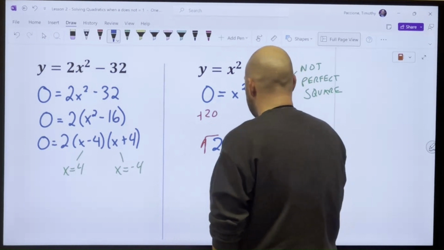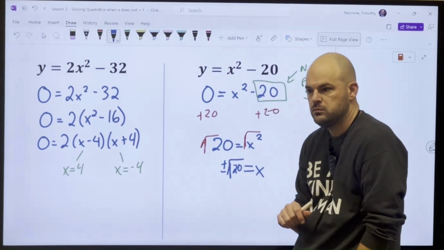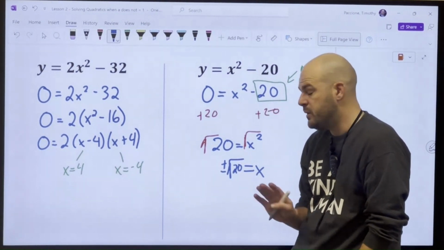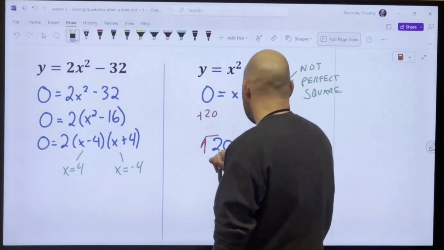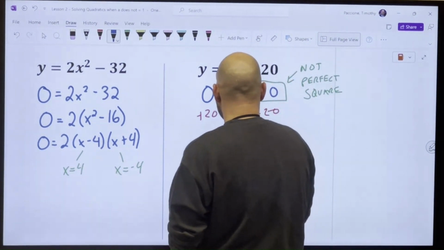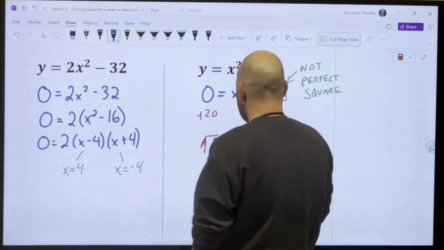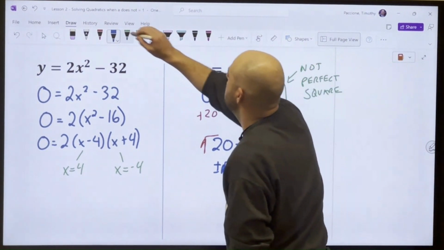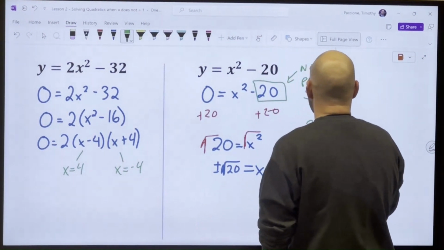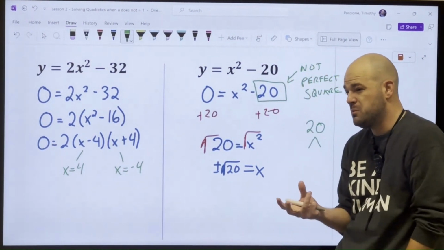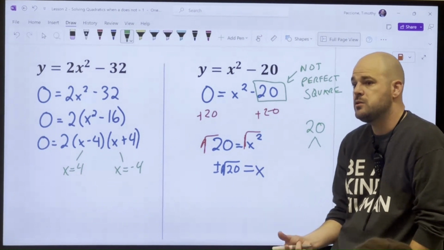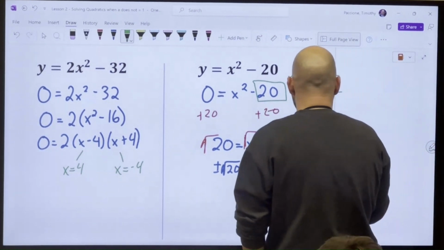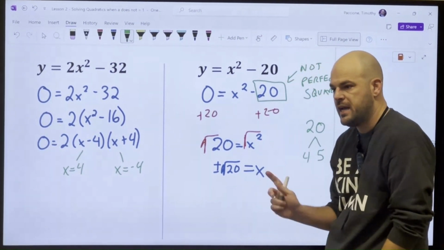And then what else would you want to check for? Are we done? See if there are any perfect squares inside of it. Yeah, you want to see if you can simplify that. So I would say, okay, let's see if there are any perfect squares inside of 20, like numbers, factors, I should say. Yeah, 4 is in there. So 4 times 5, I can change this.